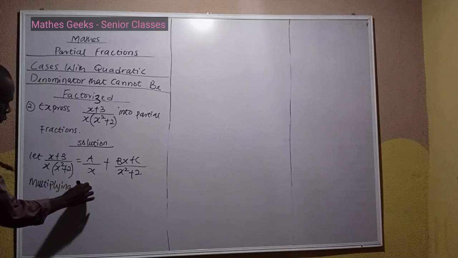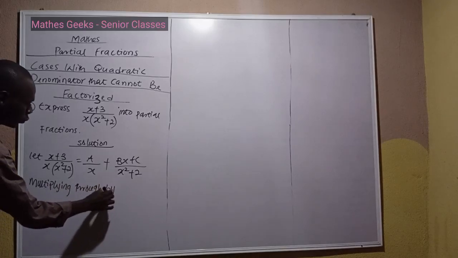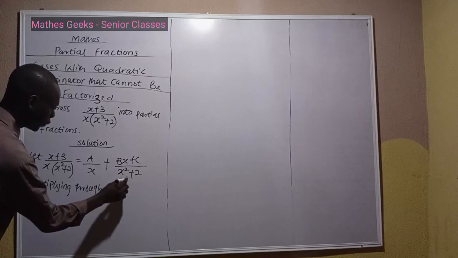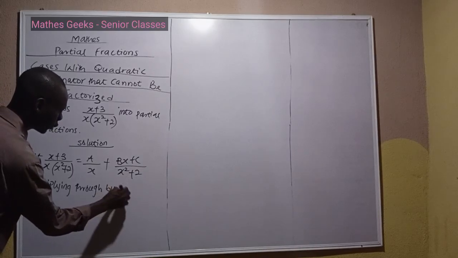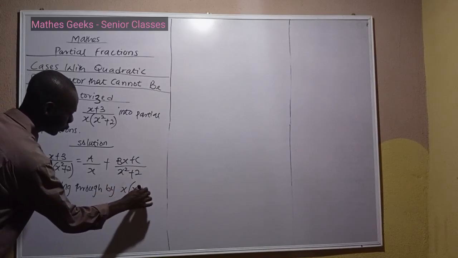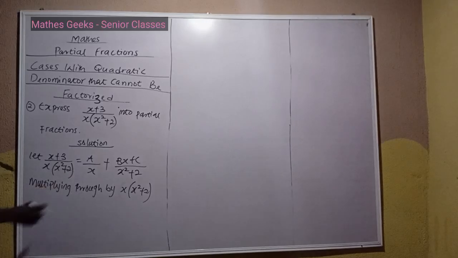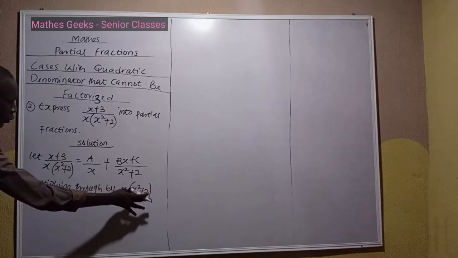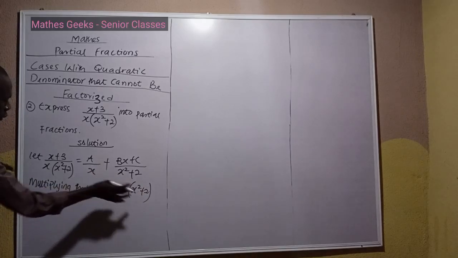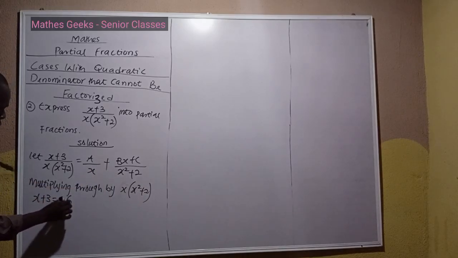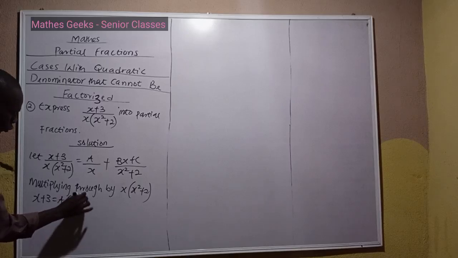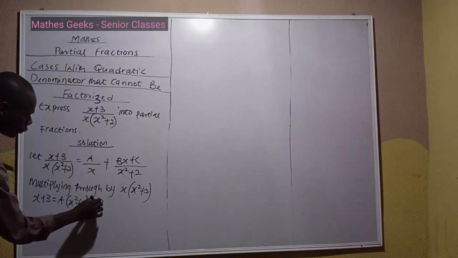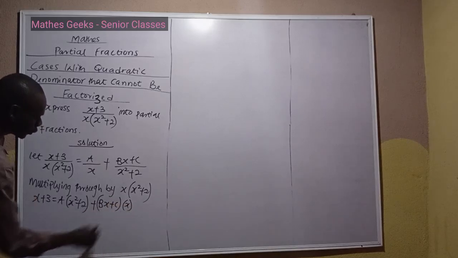Multiplying through by x squared plus 2. Okay, so this will eliminate all of this, and here we will have x plus 2 equals, this will eliminate this, so this part will be left e over x squared plus 2, then plus bx plus c multiplied by x.